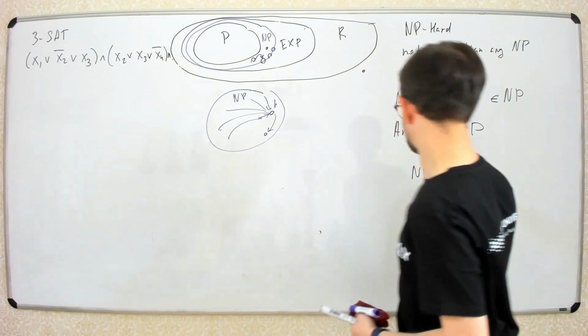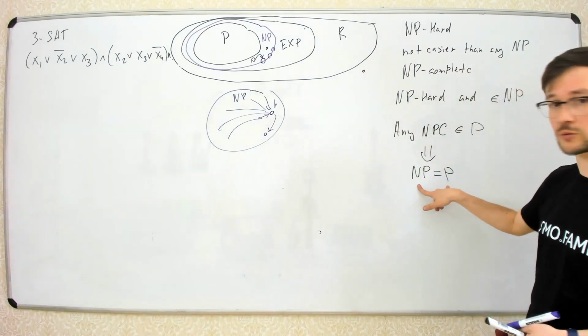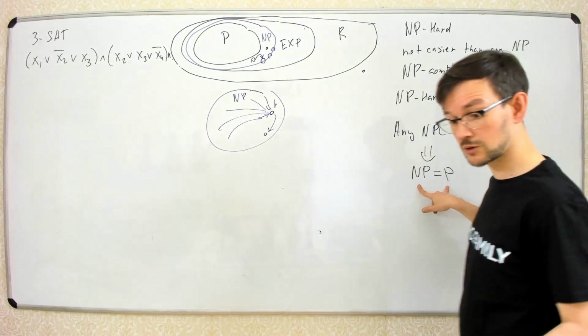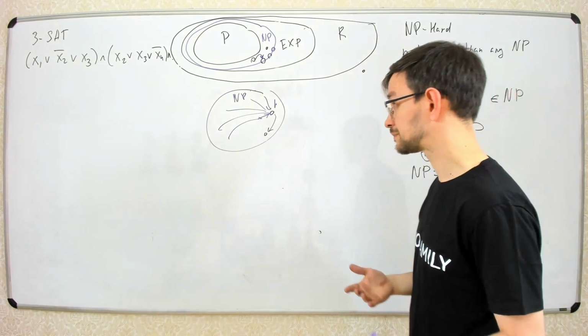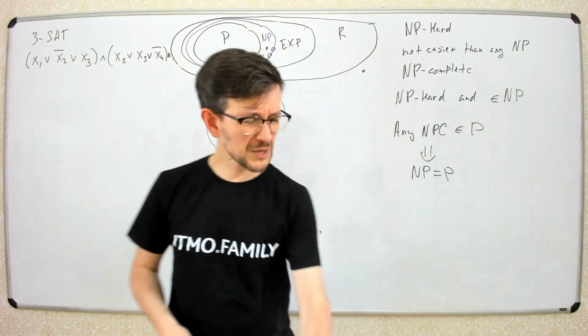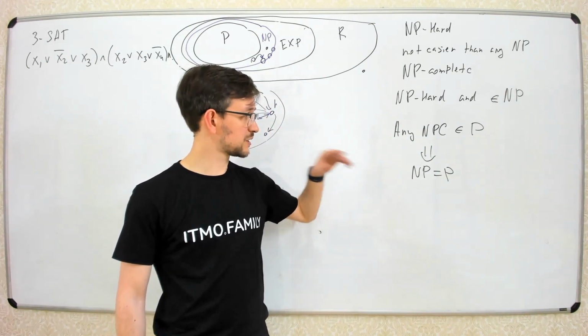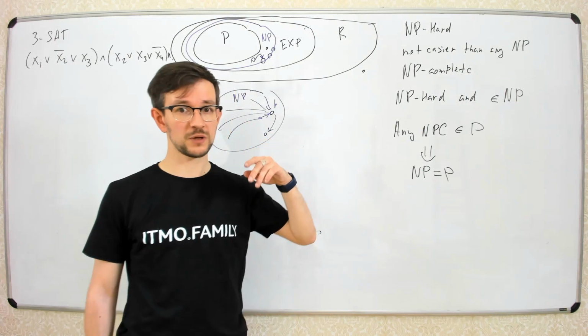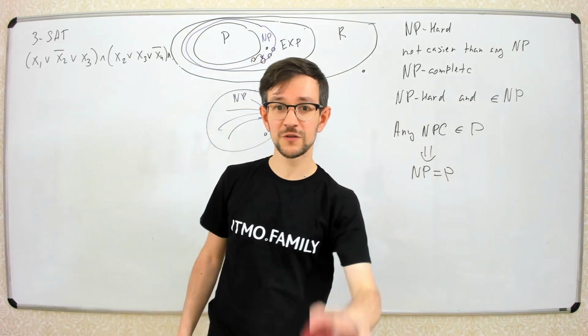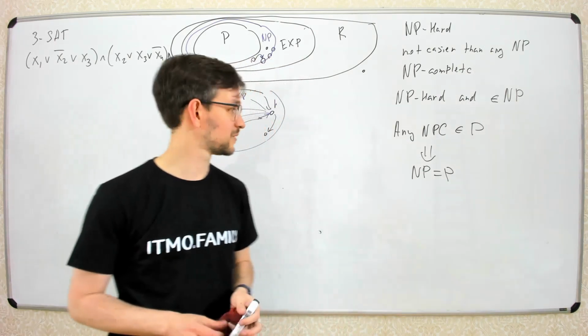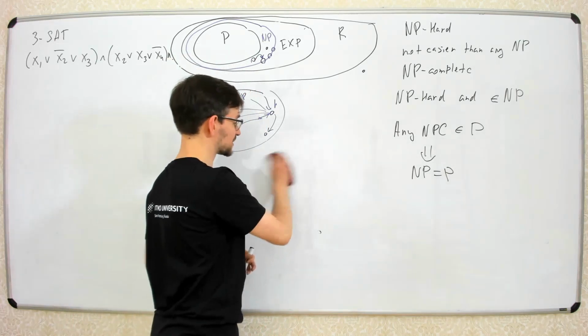No one knows if P is equal to NP or not. So no one knows if it is true or not. Most probably not, but no one knows. Basically every year there are some different proofs about P versus NP, but usually all these proofs are not that interesting.